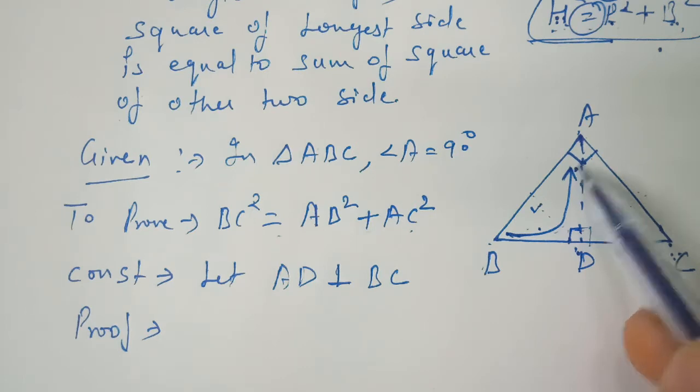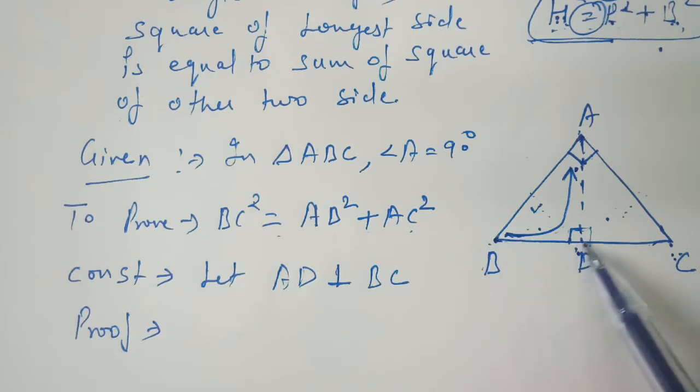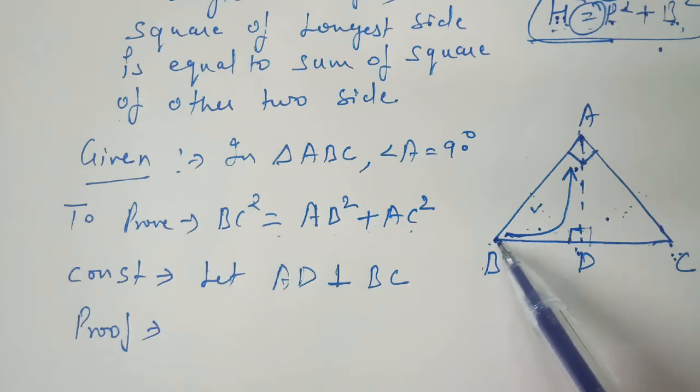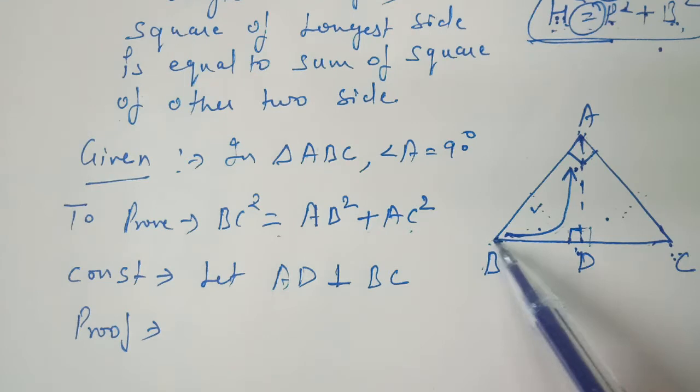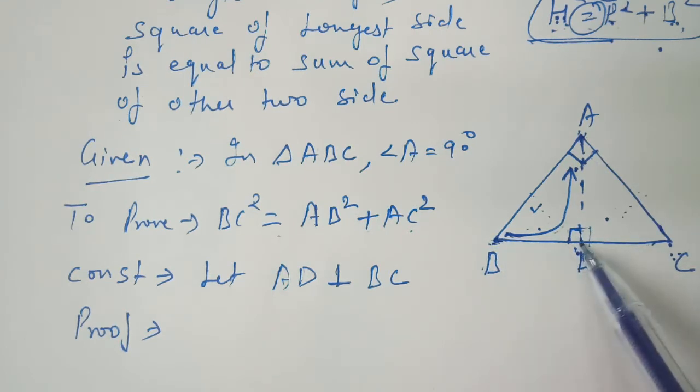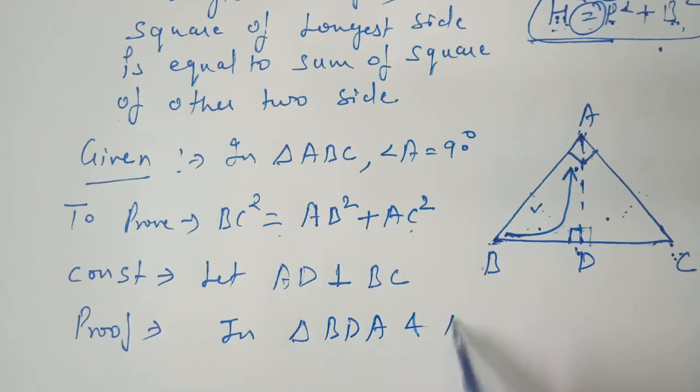The bigger triangle we name from this point only, since the arrow starts from here. First we write the name of the smaller triangle, so we have the smaller triangle BDA. We follow the arrow: BDA. In triangle BDA and triangle.